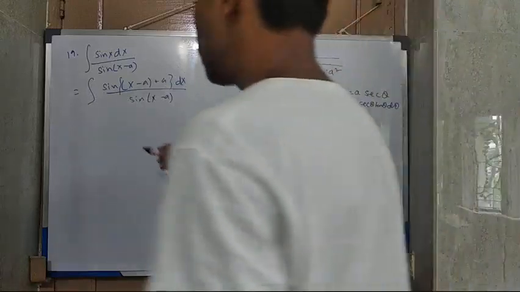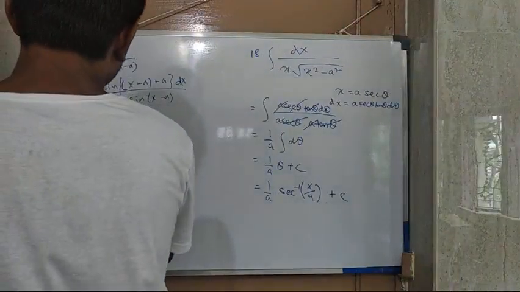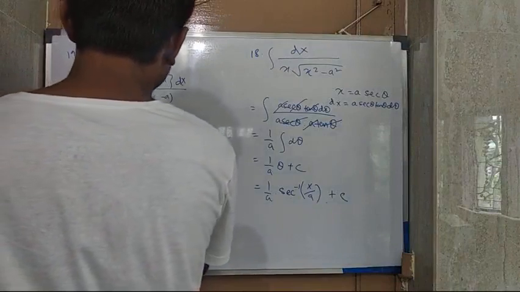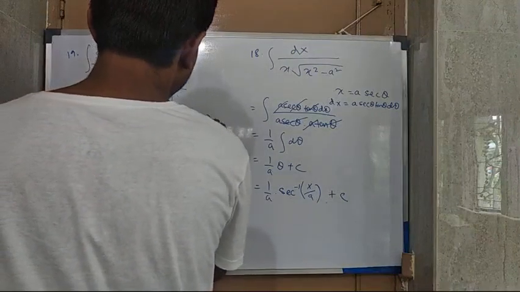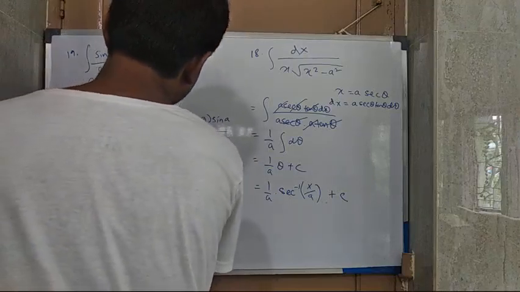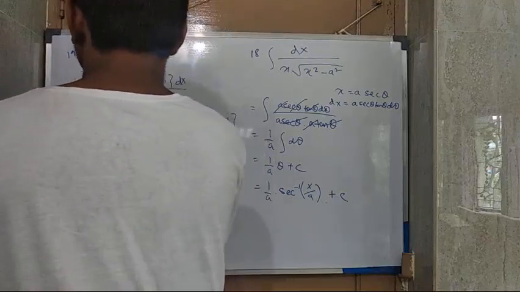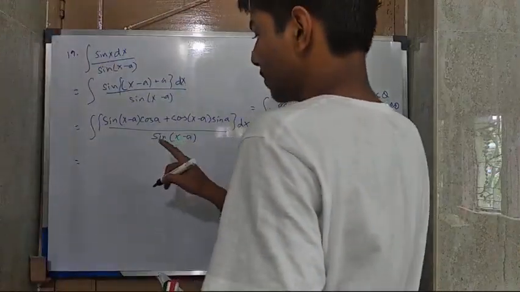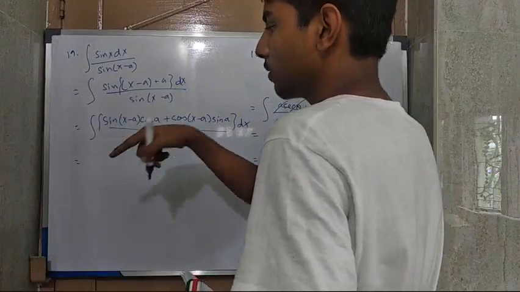Which is going to be the integral of [sin(x minus a) cos a plus cos(x minus a) sin a] divided by sin of (x minus a) dx. Then just split them up. This sin(x minus a) and this sin(x minus a) will cancel each other.